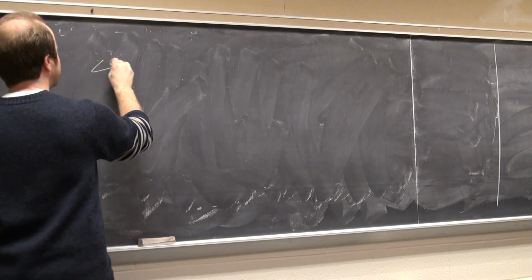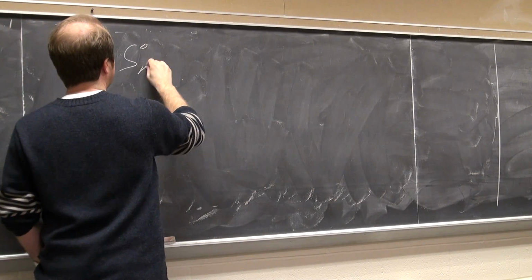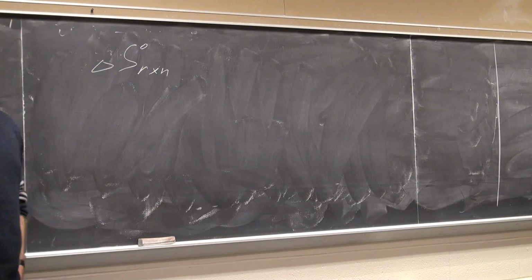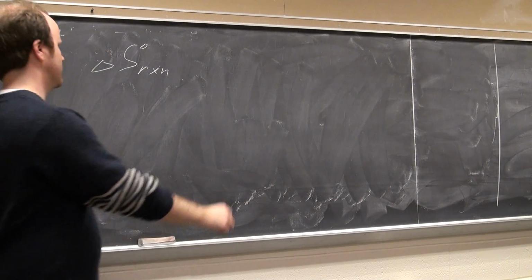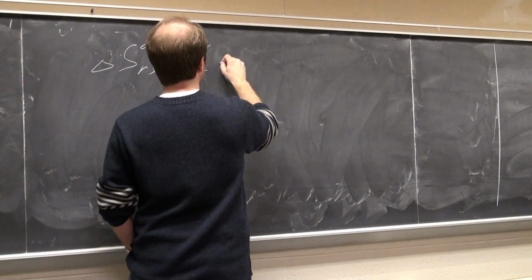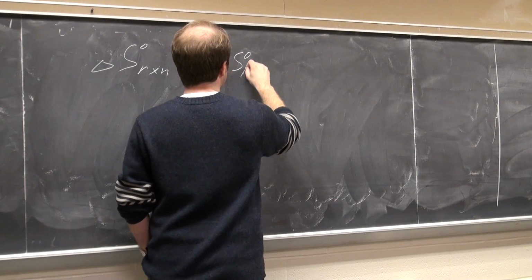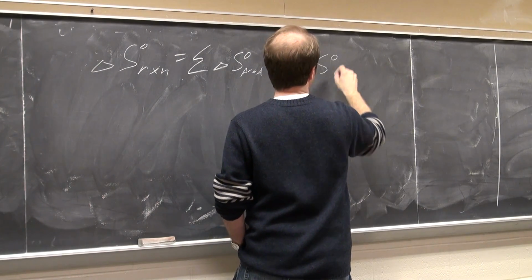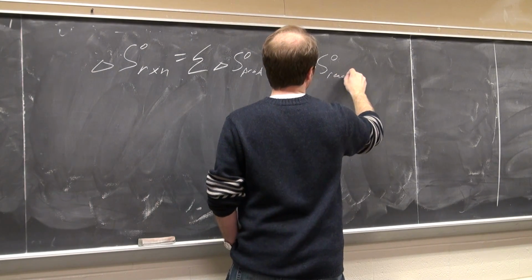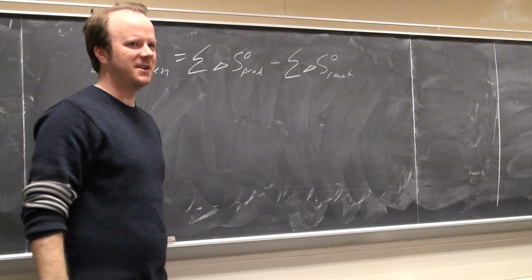So how do we figure out the delta S0 of a reaction? Sum of the products minus the reactants. Right? Now, is that the same for enthalpy as well? Yep. Is it the same for free energy as well?